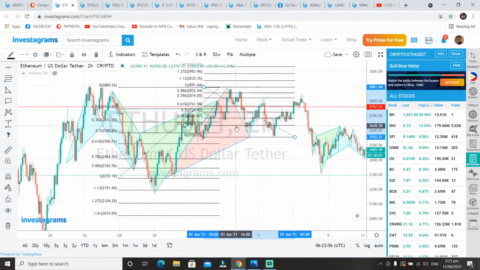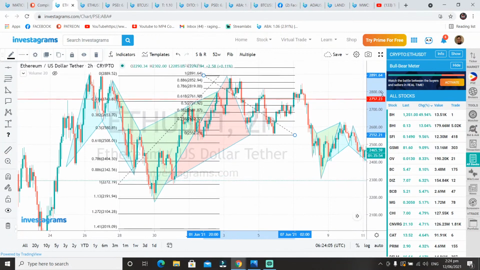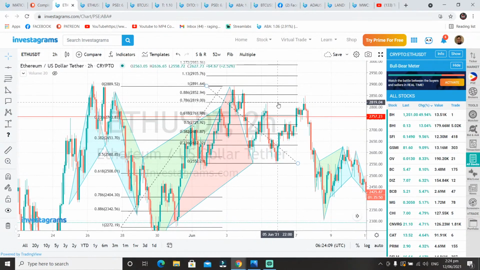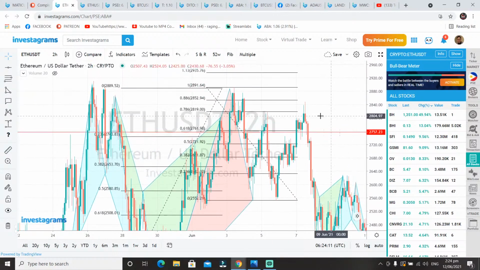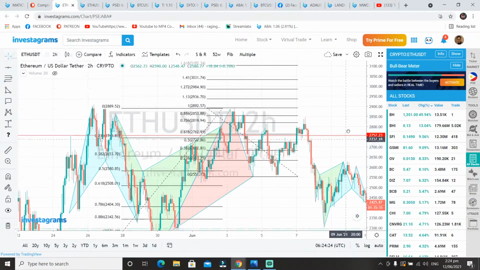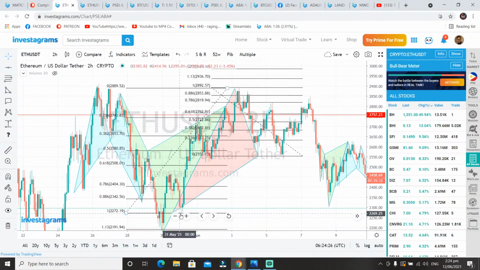Let's look for another pattern. Actually, it touched just exactly at that point, so we can put this a little bit higher, exactly at this point. It didn't touch this point, so that's still valid.